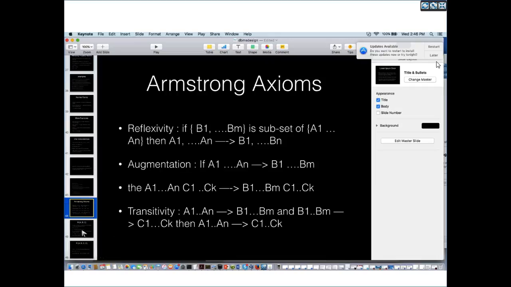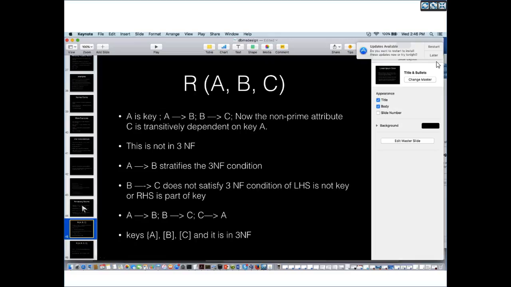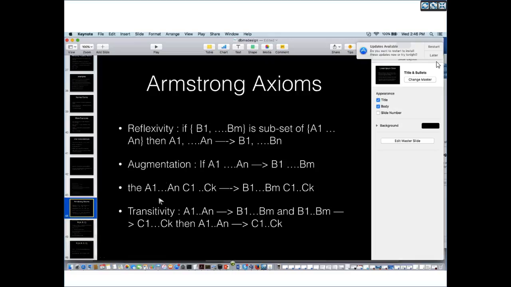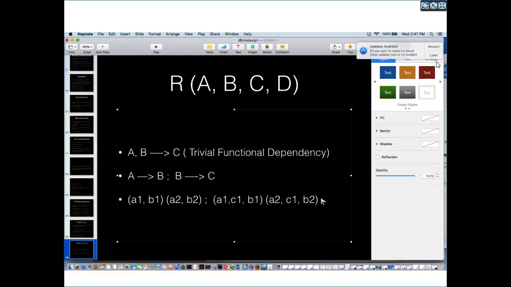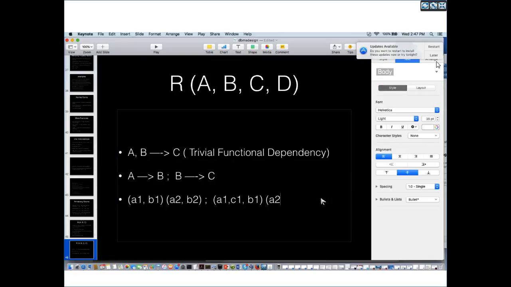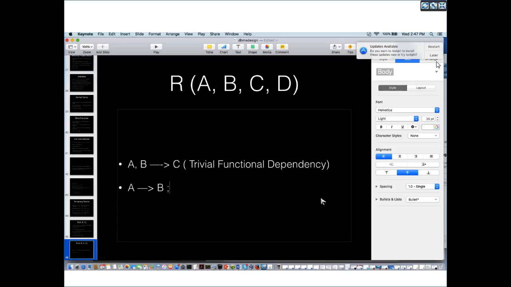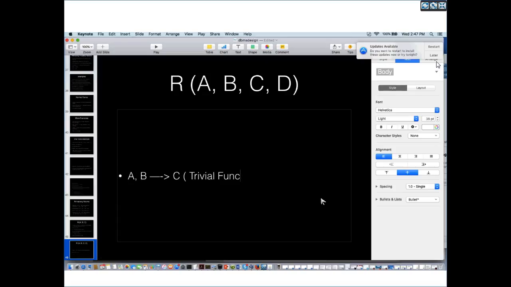Now, given a set of functional dependencies, you can derive more functional dependencies. Given a set of initial FDs for a relation R, the starting set of FDs, you can derive more FDs by these three actions.